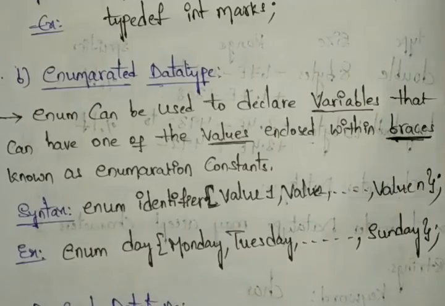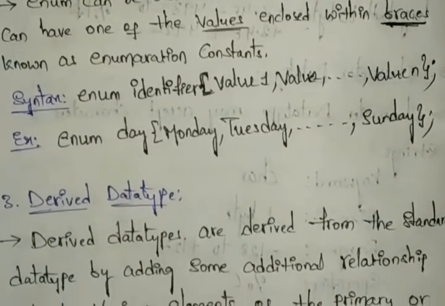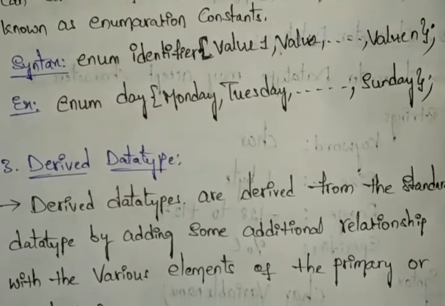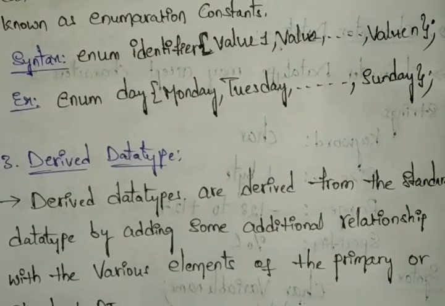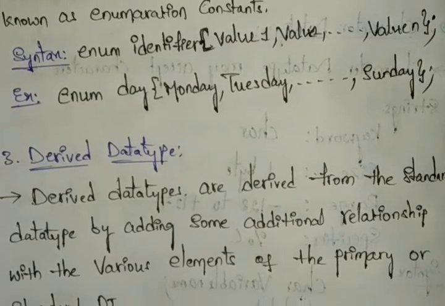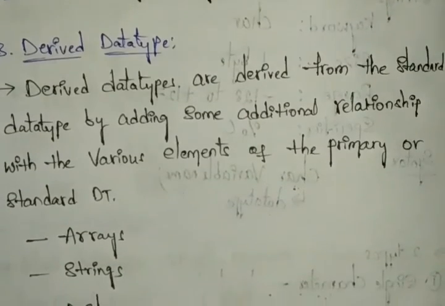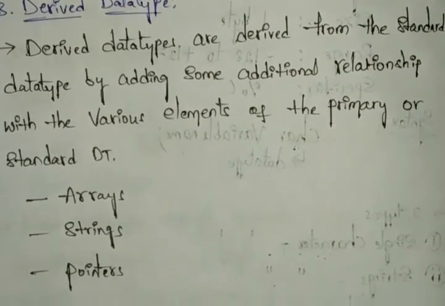And at last we have the derived data type. This derived data type can be derived from the standard data types. So these standard data types will add some additional relationships. Those will have various elements of the primary or standard data type. So these are like our arrays, strings, pointers.